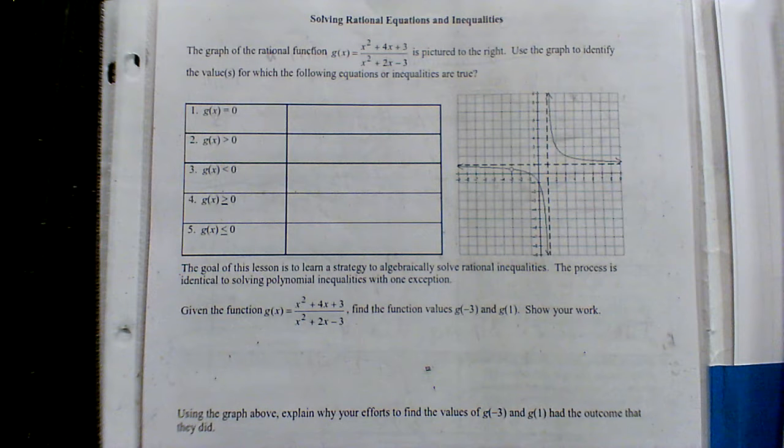Rational kind of like has ratio in it. What do you think that kind of alludes to? Fractions. We're going to be dealing with functions that are equations and inequalities that are fractions. They're rational. So rational equations and inequalities.